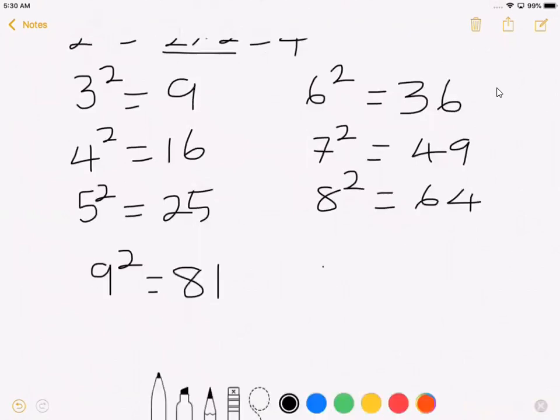And 10 squared is equal to 100. So these are the squares of natural numbers.